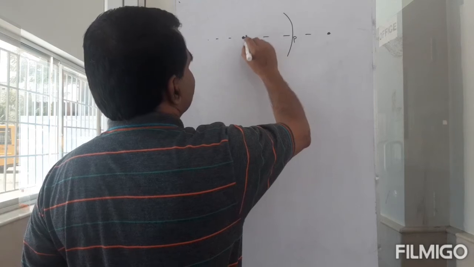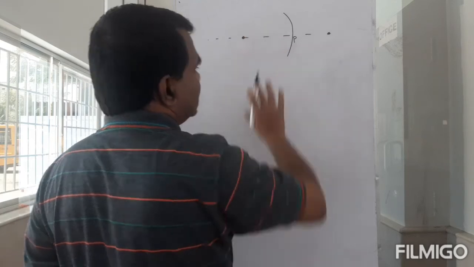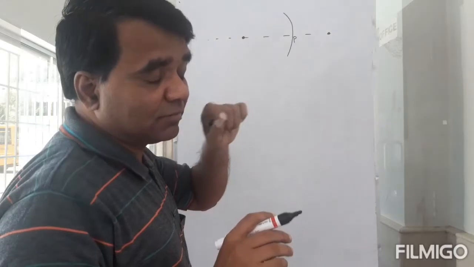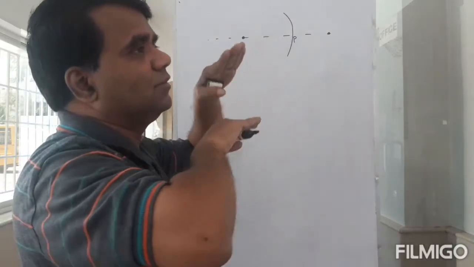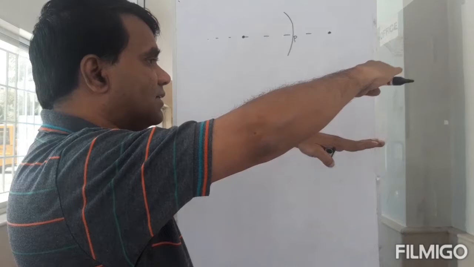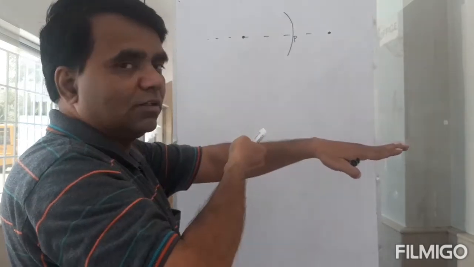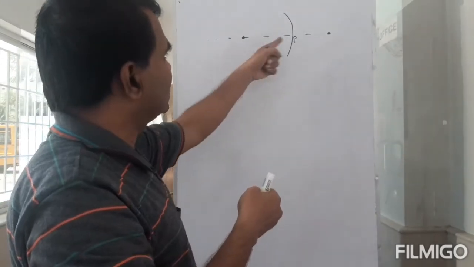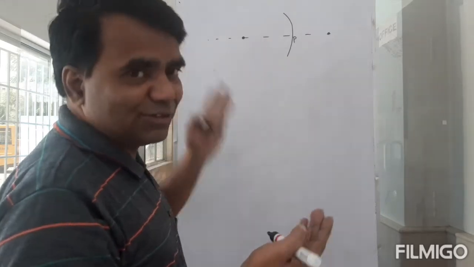I am not bothered with the focal length of the mirror here. Notice that I can't use the rules I gave you. A ray which is parallel to the principal axis will go through the focal point. You see, it is on the principal axis, so I can't even use that.